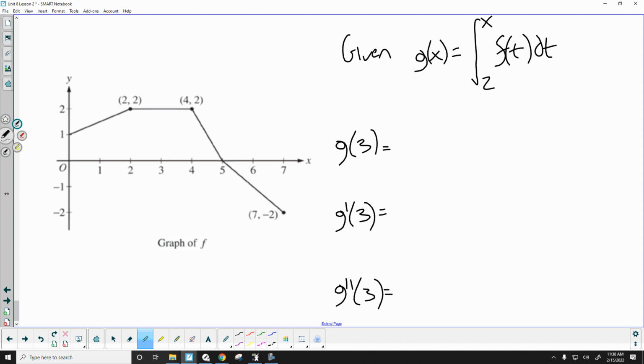Let's go back to what we started with. I'm given the graph of f, and g is the accumulated area of f. What's f? The same as g prime. You are given a graph of the derivative.